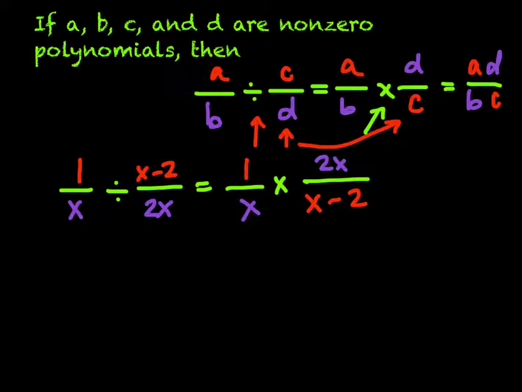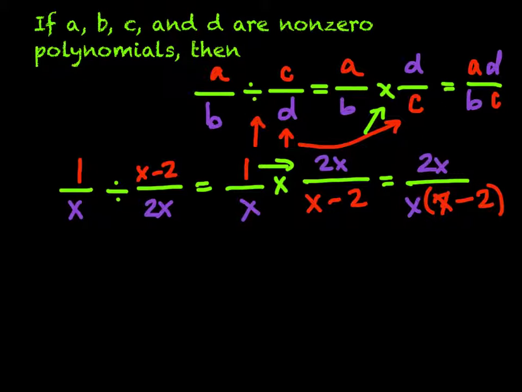Instead of the x minus 2 over 2x, we just flipped it. After that, we can then multiply straight across. So we have 1 times 2x, which is going to be 2x, over x times x minus 2.